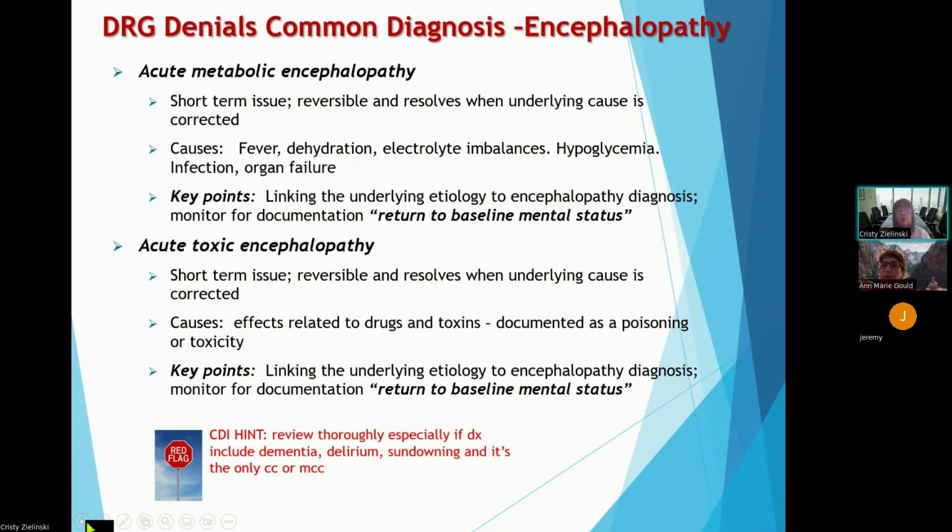Those are the things you need to look at. For me, the most important is if there's a symptom, there should be a treatment, so there's no loophole for the auditors to deny it. If it's treated, it means it's important for the patient's care. That's how I look at it.